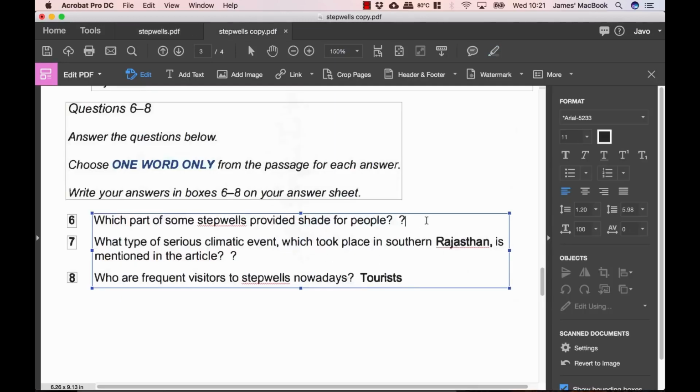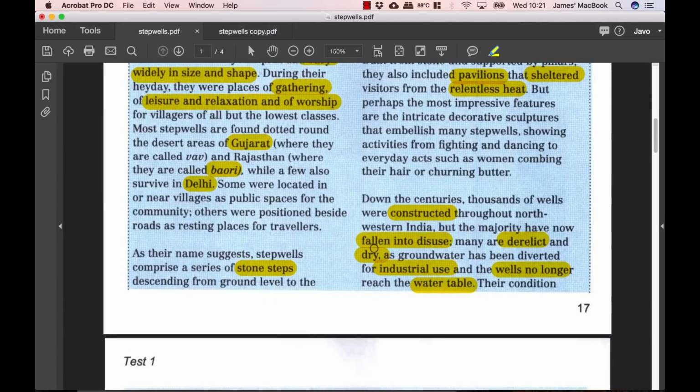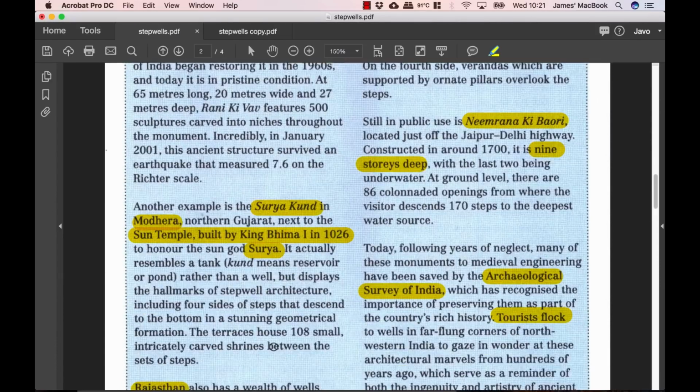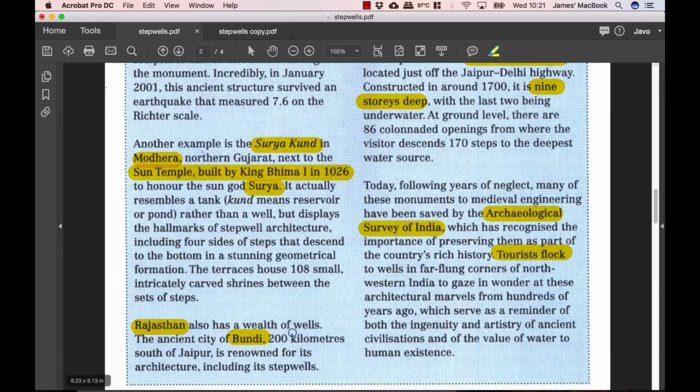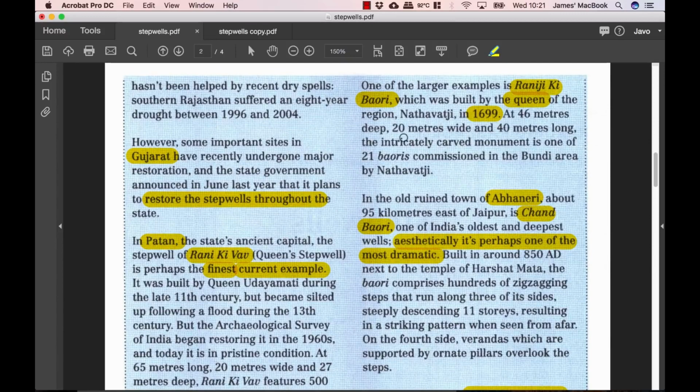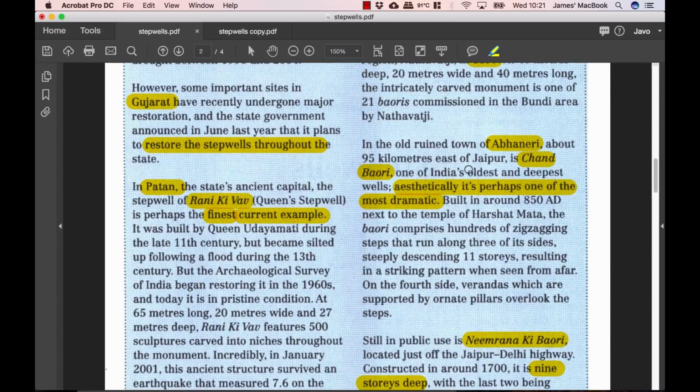Okay, so now we need to go to southern Rajasthan, and let's see if we can find that Rajasthan. We've done Gujarat. Remember, here it is Rajasthan. There we go, including stepwells. Okay, there's some sort of climatic event.